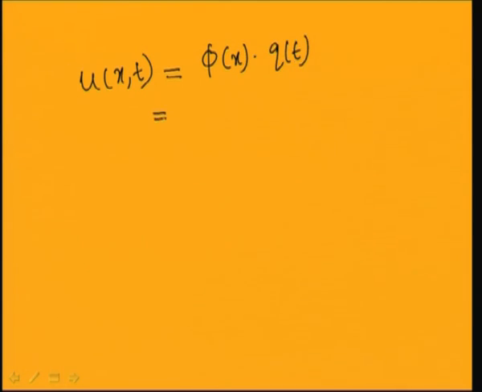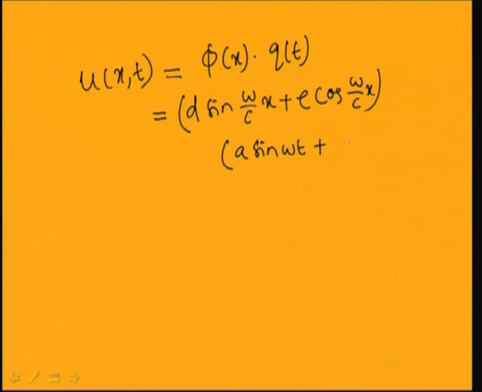In this case phi x I can write in terms of d sin omega by c x plus e cos omega by c x, into, for q t, I can write this as a sin omega t plus b cos omega t.